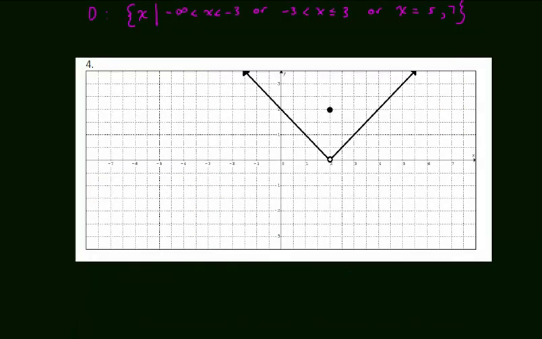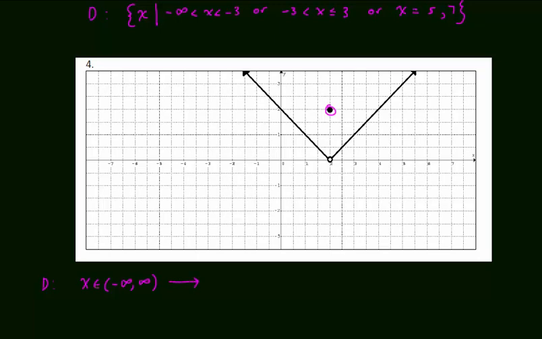In example number 4, we do have an open circle, but it looks like that x value is still represented because this dot allows the function to be defined at 2. So our domain now is going to be x is an element of negative infinity to infinity. In other words, x can be any real number. There are a couple ways we can write that.